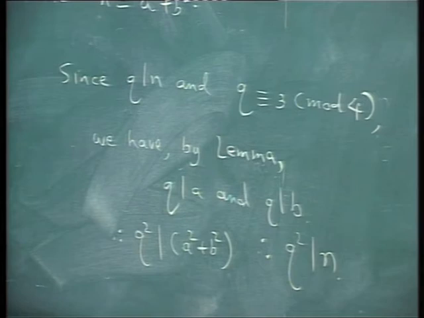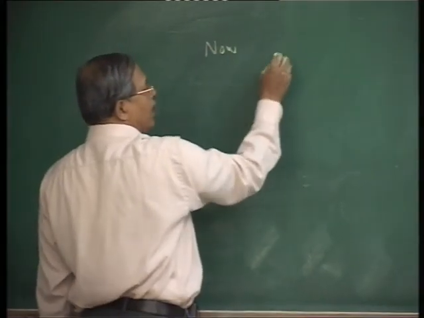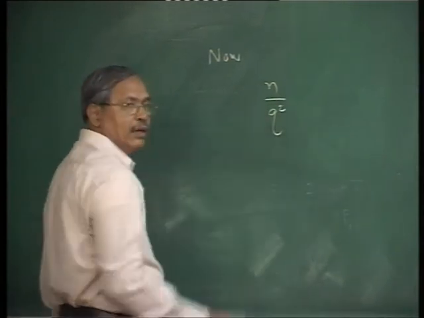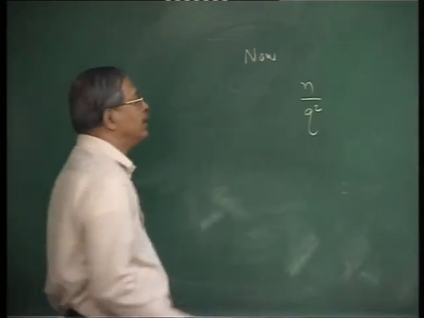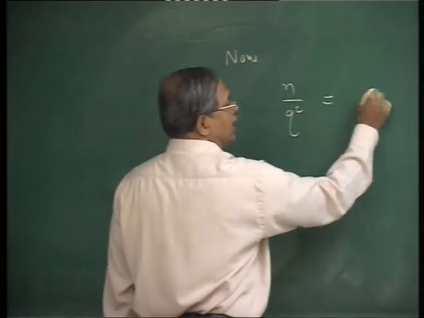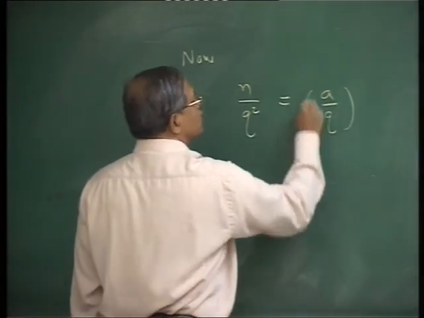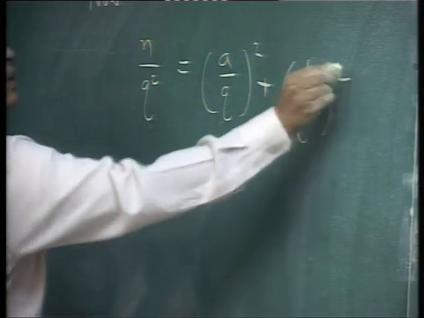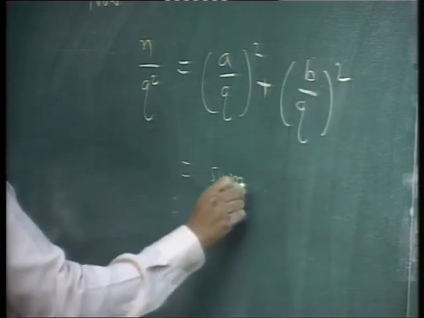Now, n upon q square is an integer which can be written as (a upon q) square plus (b upon q) square, a sum of two squares.